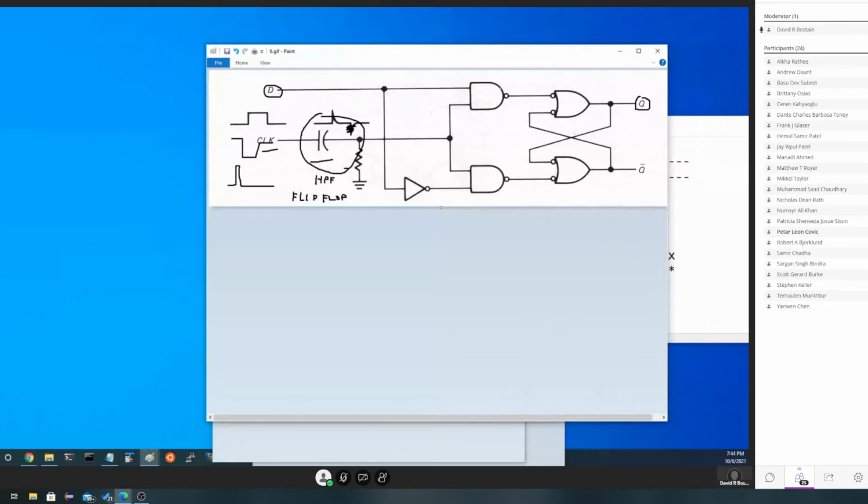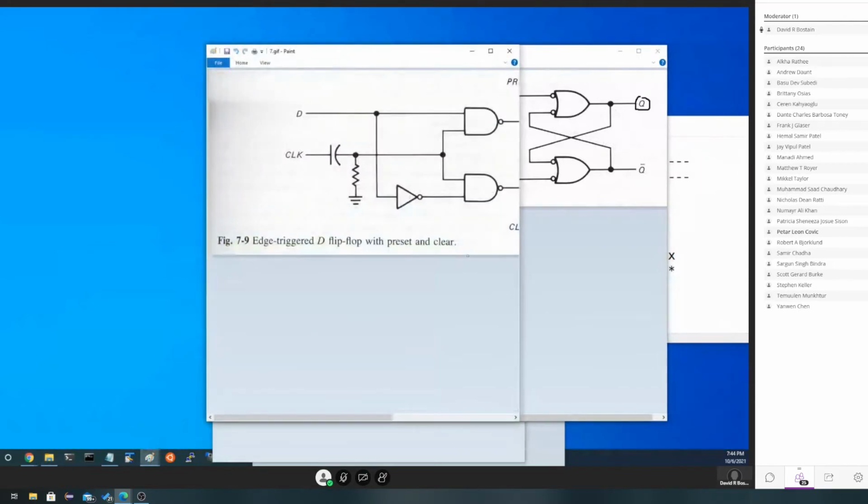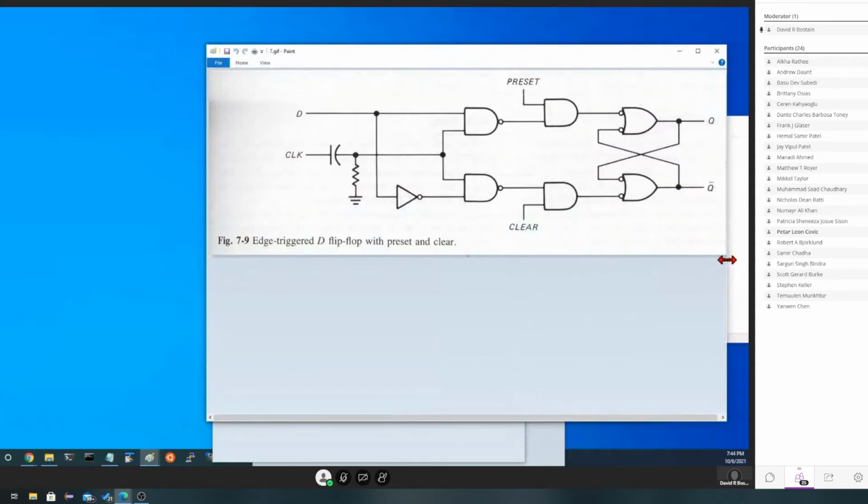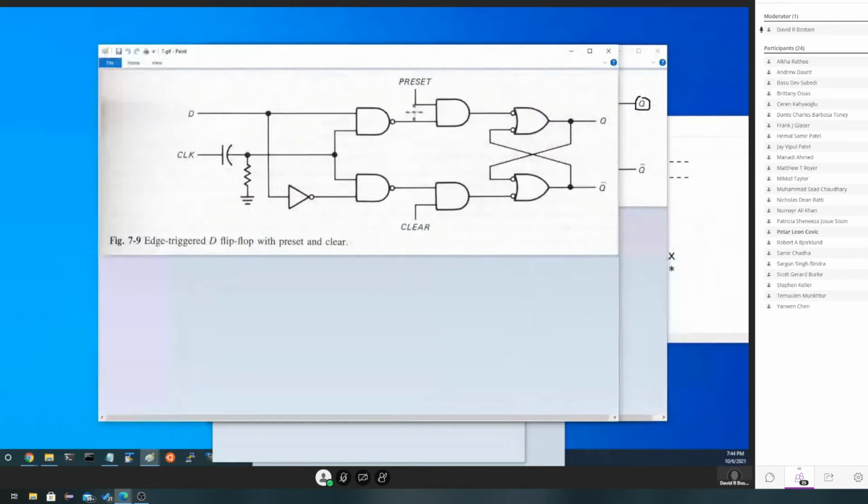So we could also wire it like this. And what we would basically do is add another stage in between the inverter and its controlling flip-flops, which turns out to be another latch.